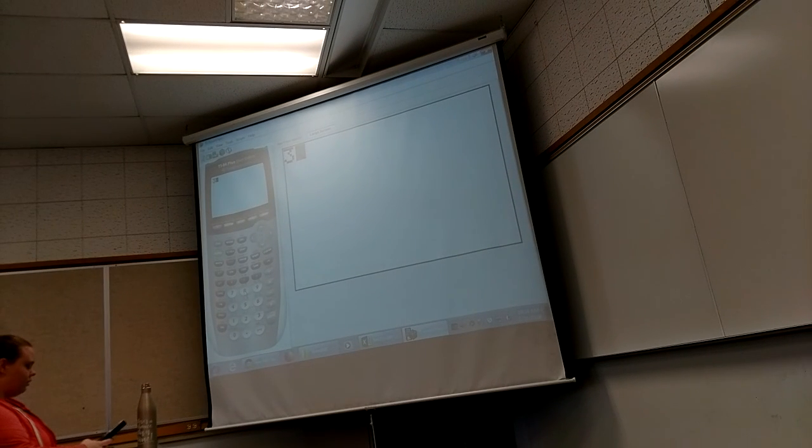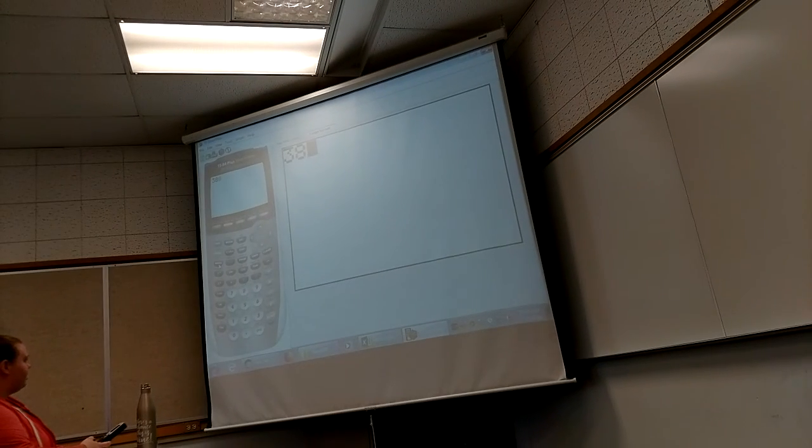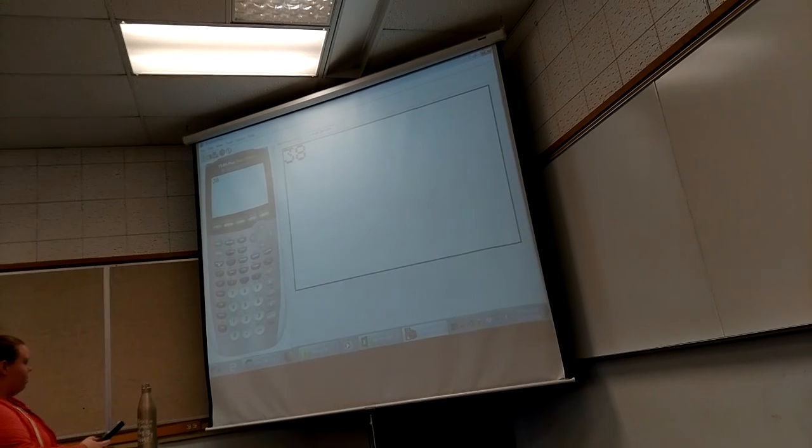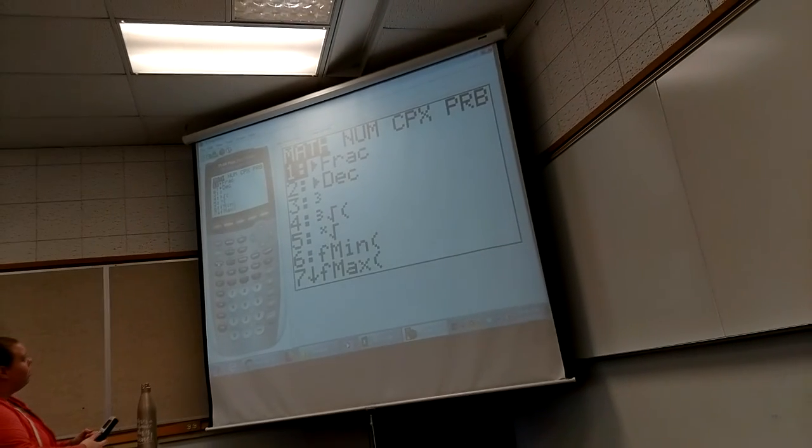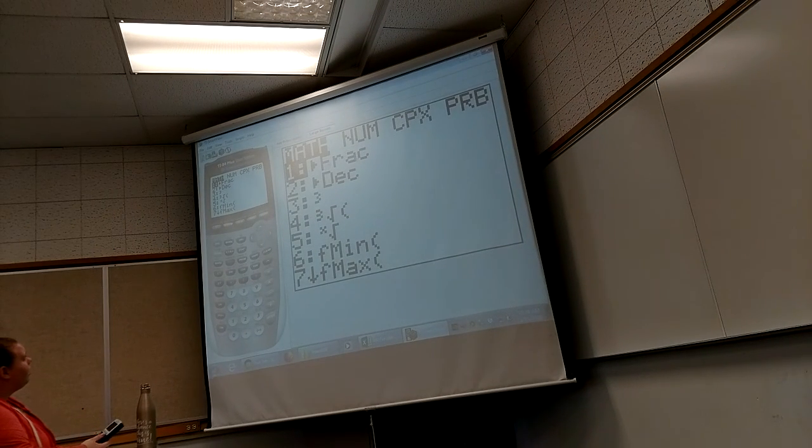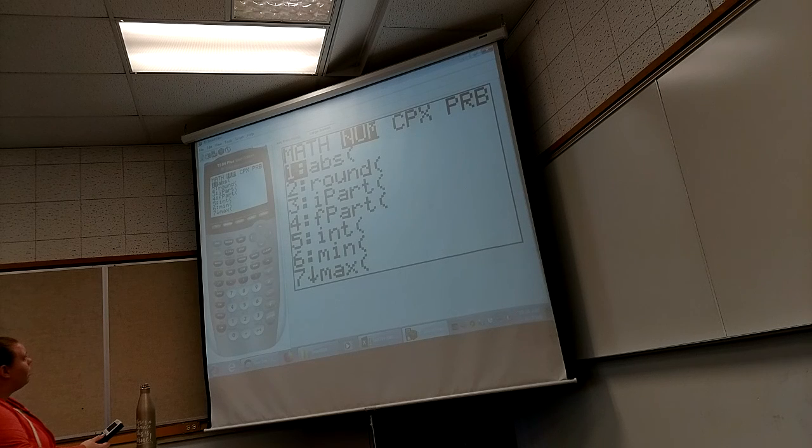So first you put in there 38. Hit the math button. I think I showed you this one, the change it to a fraction. Now you can take an absolute value of something, you can round something, the imaginary part of something.